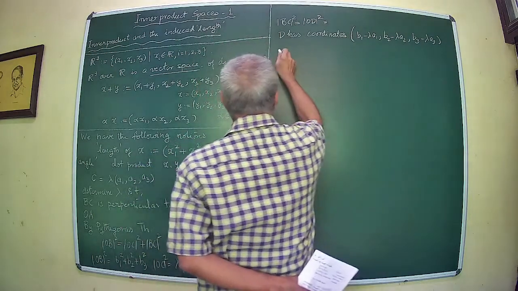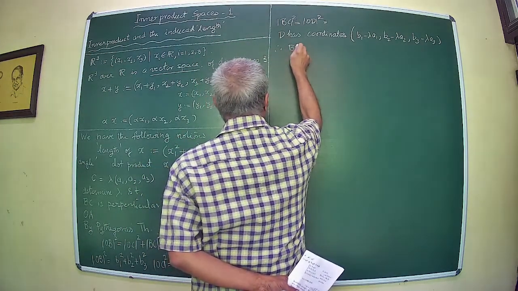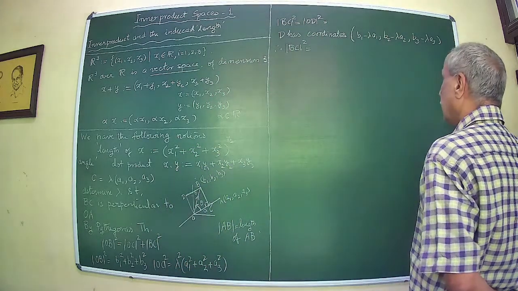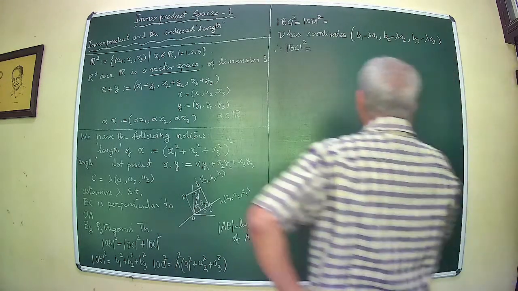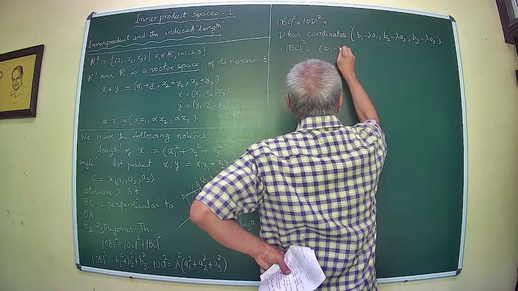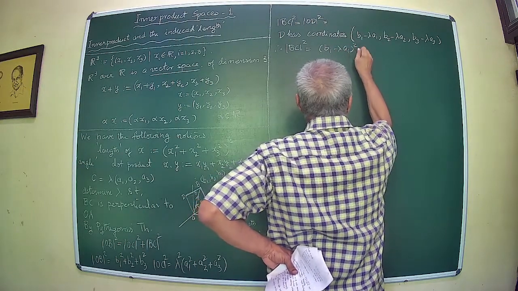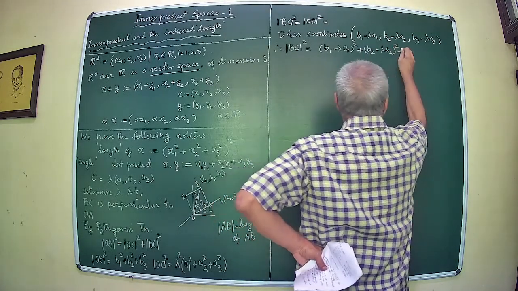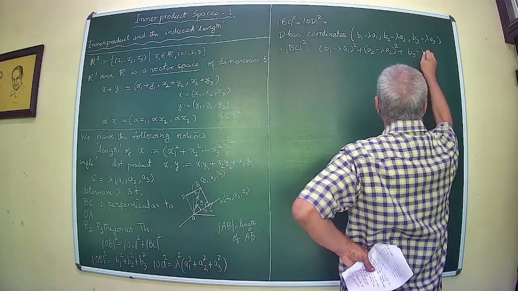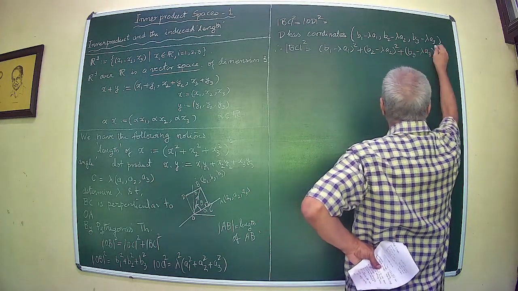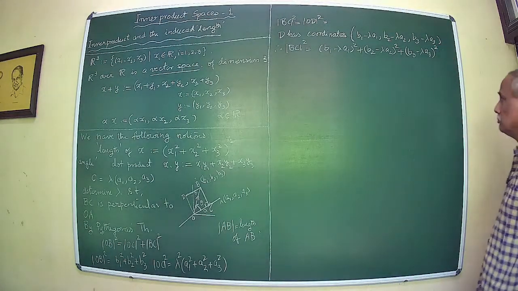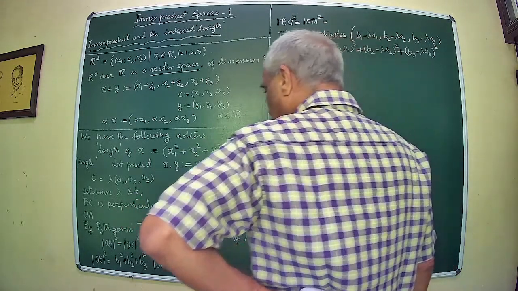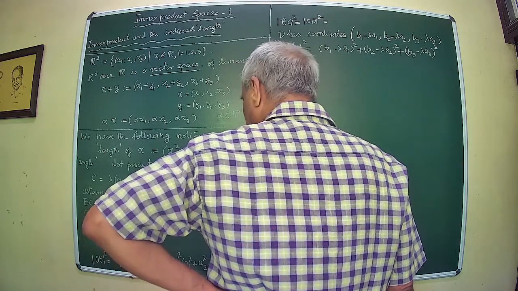Therefore, OD square is equal to the sum of the squares of these terms, that is B1 minus lambda A1 square and so on. Now, once you get BC square, then you get OC square.